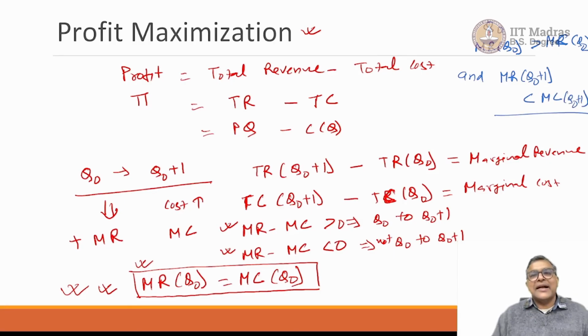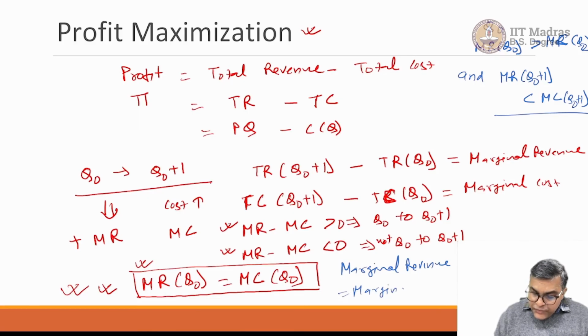That would be the criterion that we had used earlier. If you write it mathematically, it appears difficult, but otherwise it is very simple. So if you allow for continuous change, if at Q naught you have achieved optimality, then at that level marginal revenue is equal to marginal cost.